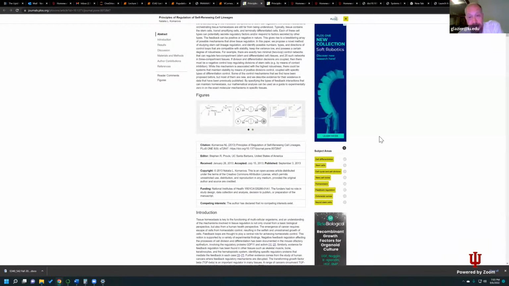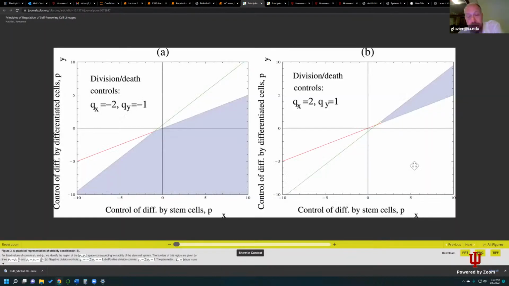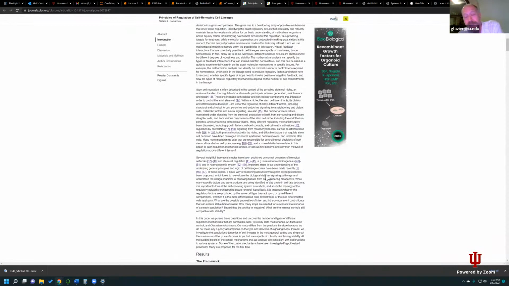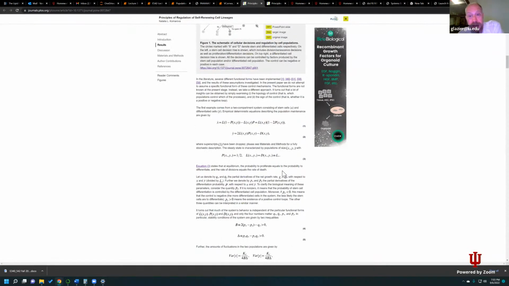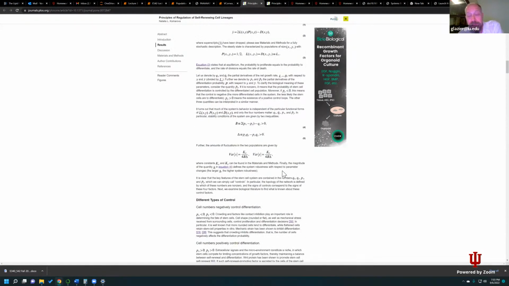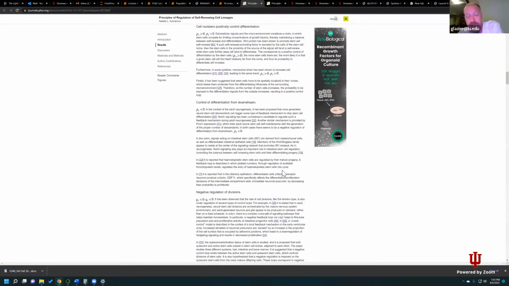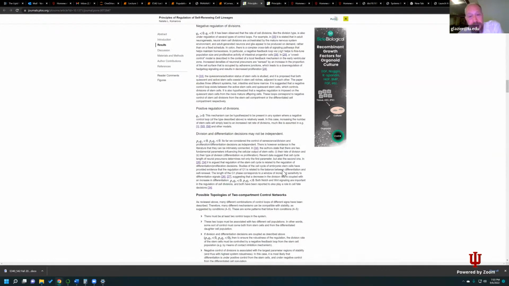The answer is there are only a couple of all the possible motifs that are conceivable, of which there are quite a few. There are only two that could possibly work. And that's actually very nice because it's a very abstract mathematical model that gives you something very fundamental about what's possible in biology. That doesn't happen that often.